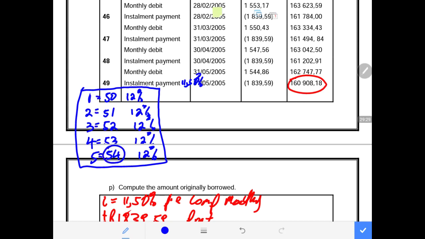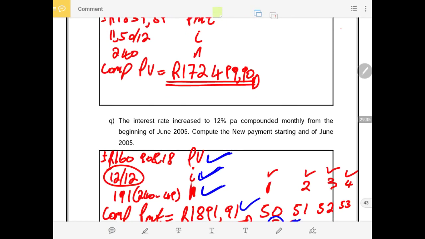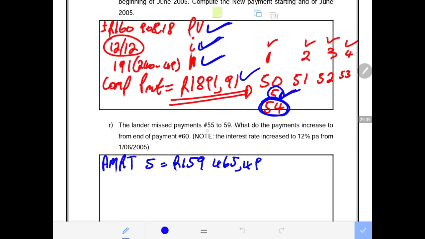So we need the balance after the 54th payment was made, because the 55th payment was missed. Payment number 55 was missed. So there was no payment in payment number 55, up to payment number 59, which is 55, 56, 57, 58, 59.